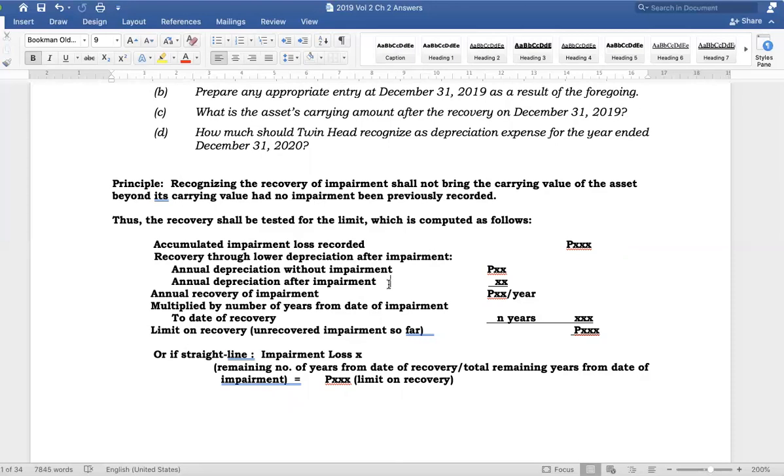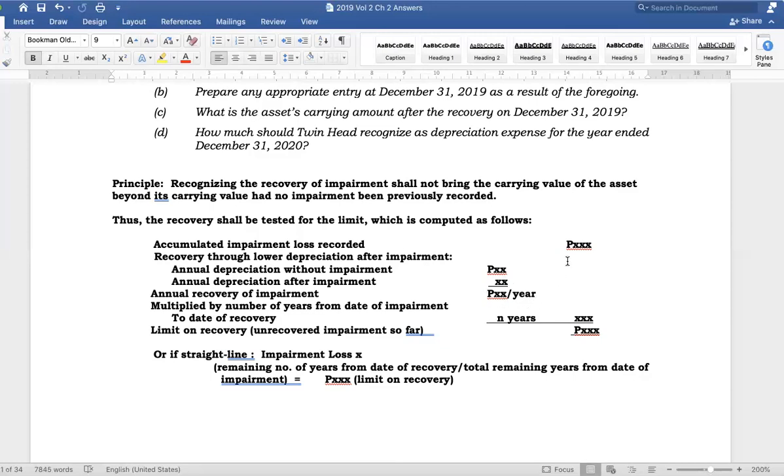The annual recovery is the excess of the annual depreciation before impairment over the annual depreciation after impairment. Therefore, in effect, by recording impairment loss and recording subsequent lower depreciation, this amount is your annual recovery of impairment.